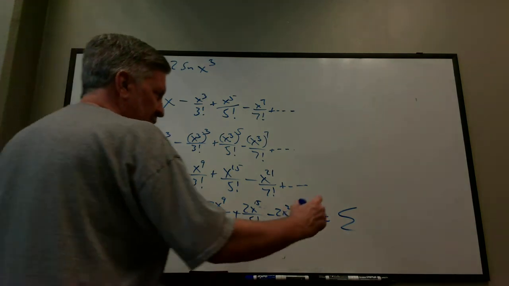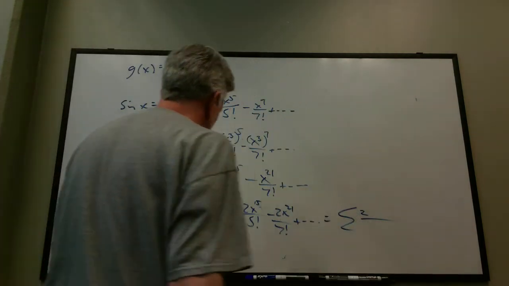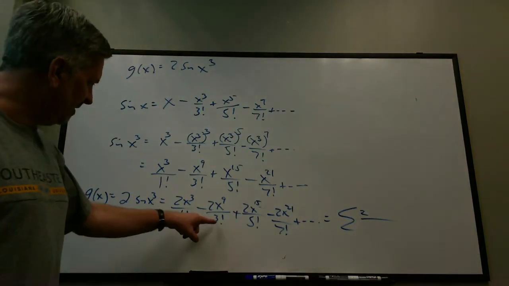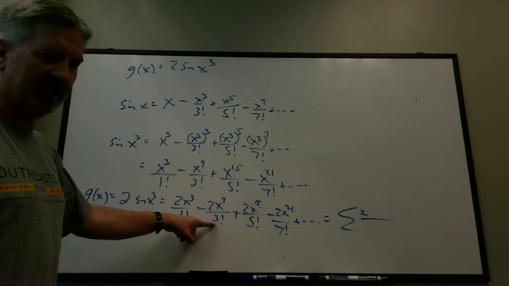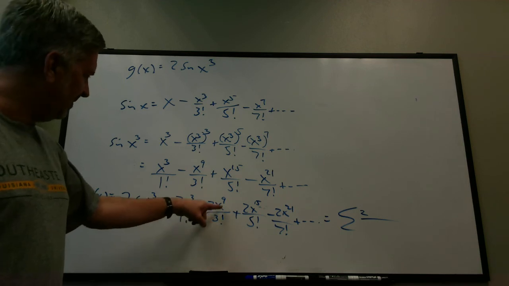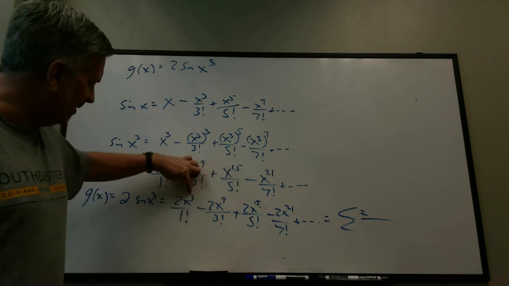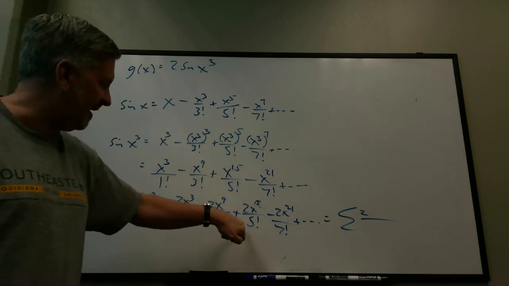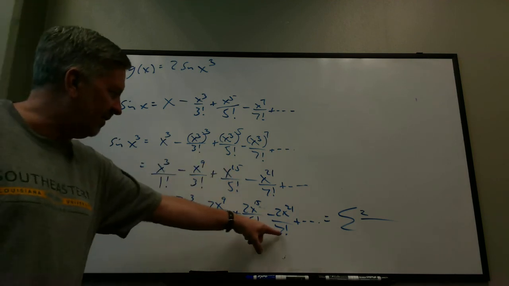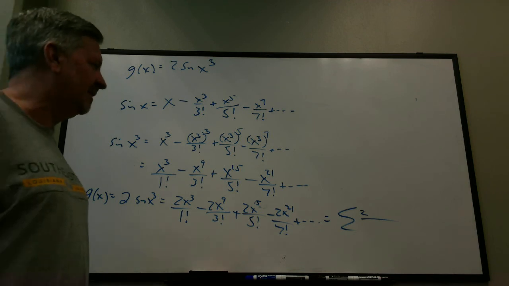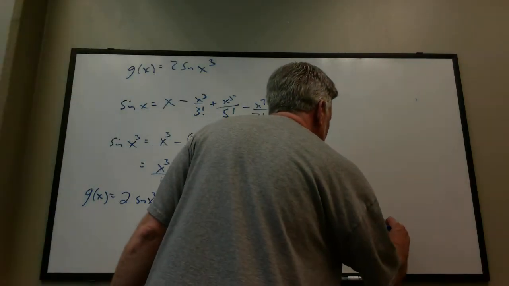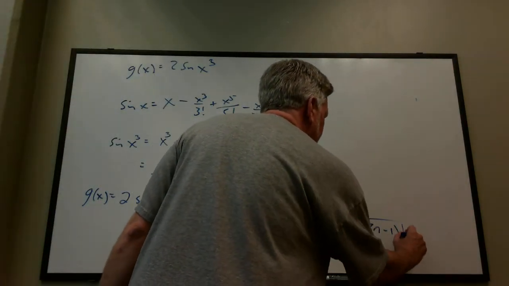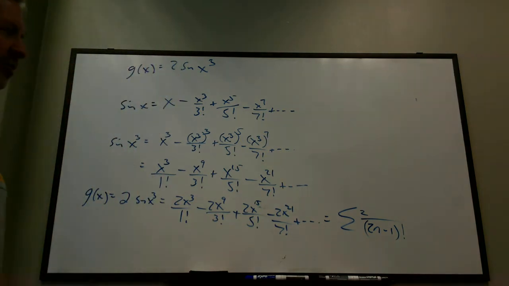Well, we have a 2. That's no problem. What's the relationship between the factorial in the denominator and the power here? Notice the exponent on the x is 3 times the factorial in the denominator. Notice all the denominators here are odd, so you can write that as 2n minus 1 factorial. Remember, 2n plus 1 and 2n minus 1 are always odd.